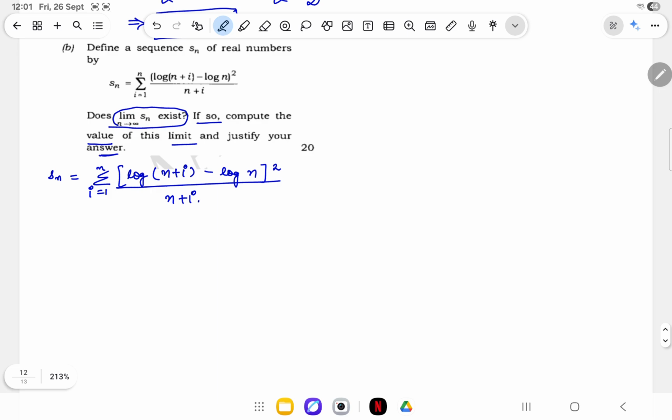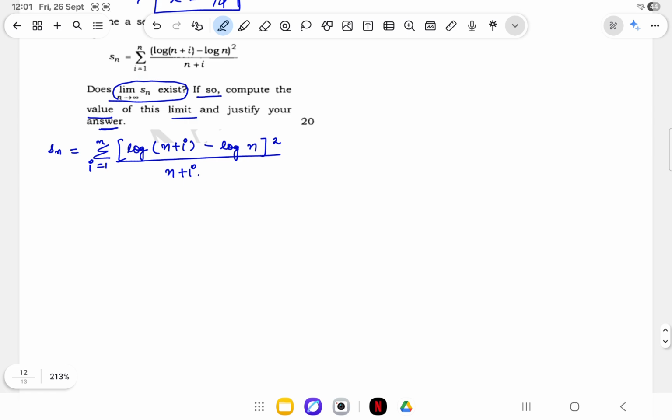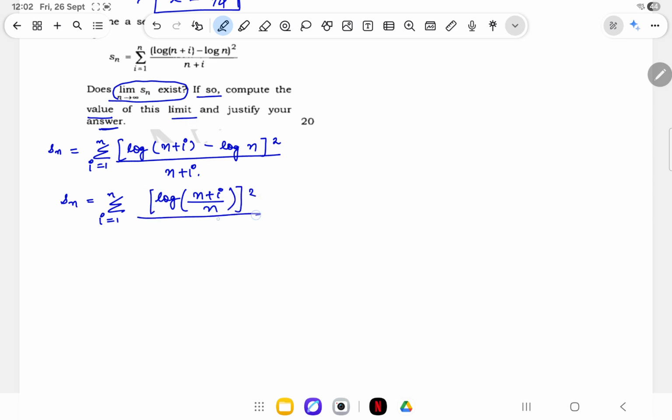So first let's simplify this Sn to make it in the form of a Riemann sum. So Sn will be basically summation i equals 1 to n of log of (n plus i by n) whole square divided by n plus i. Here I have used this relation, that is log of b by a is equal to log b minus log a.